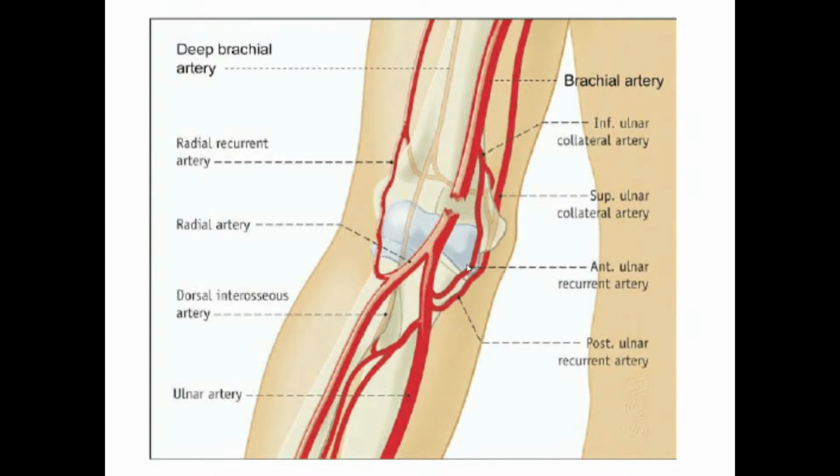And what I mentioned were the anterior ulnar and posterior ulnar recurrent arteries, and they are anastomosing with the superior ulnar collateral arteries also, and they are creating the blood supply for our elbow joints, right?